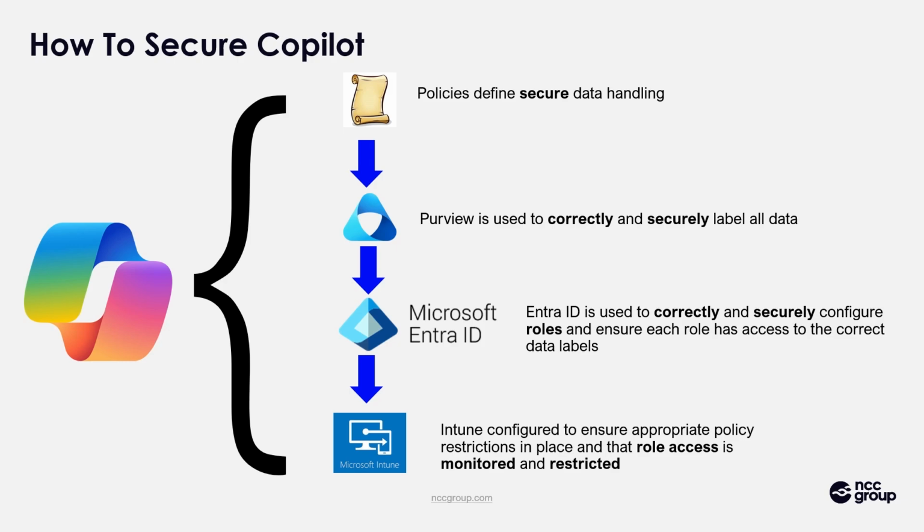And then you should correctly define roles and give those roles in Entra ID access to only the data that they need to perform that role, and be reviewing those labels and roles, and use Intune to monitor access and restrict what those roles can do.